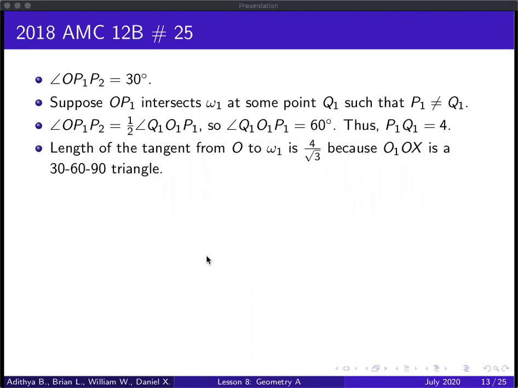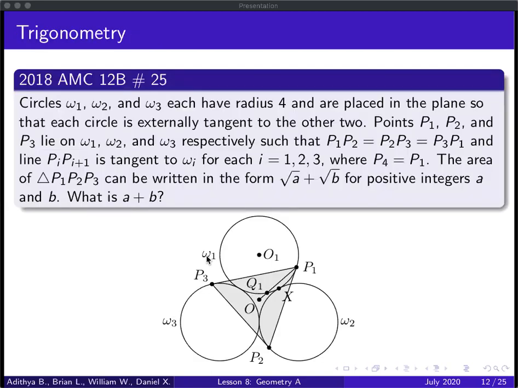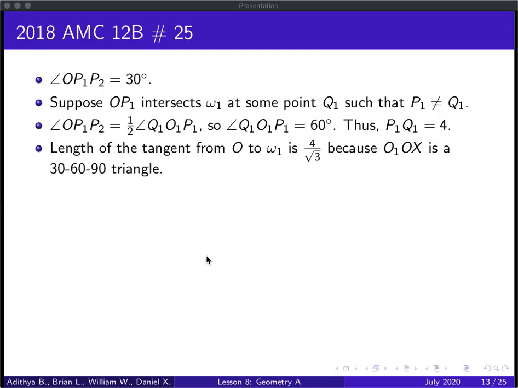And since O1X is 4, we can say that OX equals 4 over root 3. And since the power of O with respect to omega 1 is OX squared, the power is just (4 over root 3) squared, which is 16 over 3.